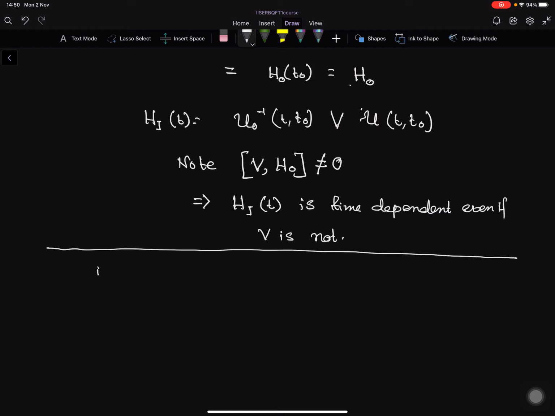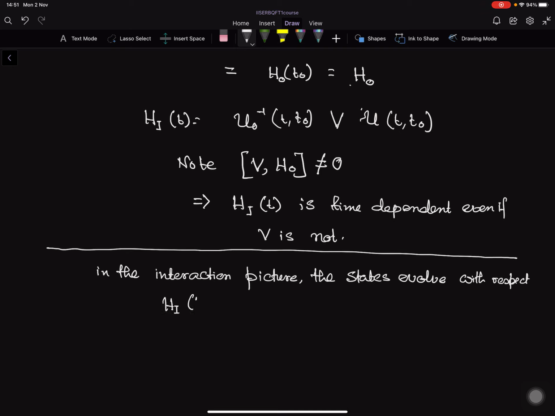Then in the interaction picture, the states evolve with respect to the interaction Hamiltonian Hi of t.